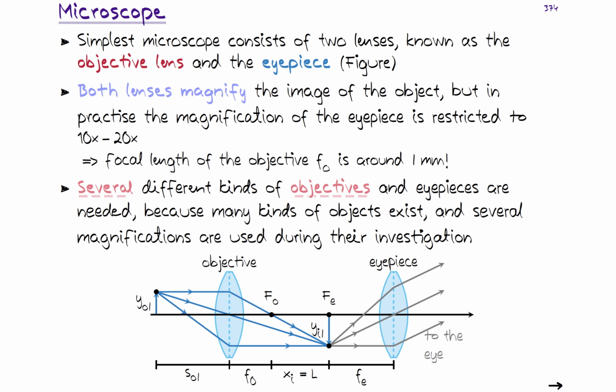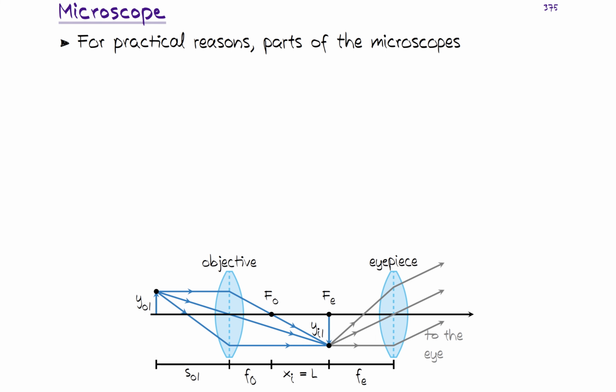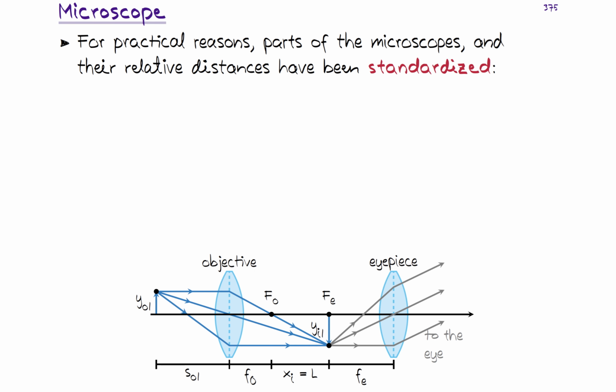If you need to use spherical, not spherical, but chromatic aberration corrected objective lenses, then things become pricier because you need to make an objective lens that is formed by using several lenses. And for practical reasons, because you want to change these objectives on the fly when you are inspecting a given specimen, the relative distances between the objective lenses in the frame of an optical microscope have become standardized.